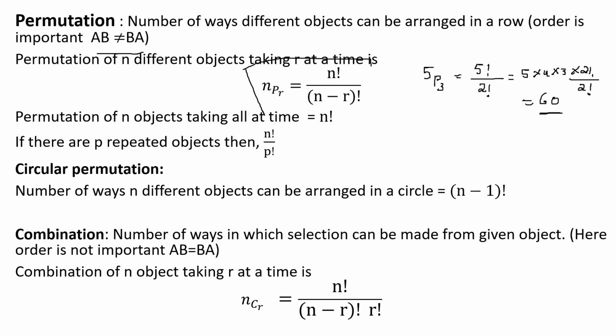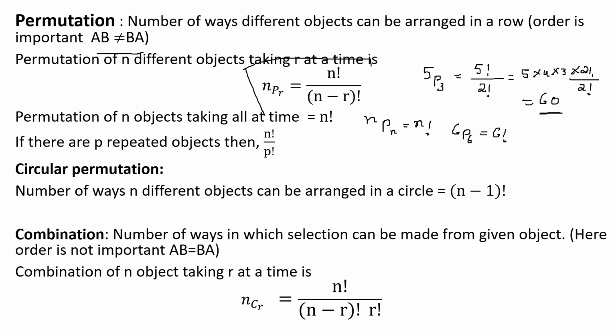If you take permutation of n objects taking all at a time, that is n factorial. So nPn equal to n factorial. Say 6P6 equal to 6 factorial.